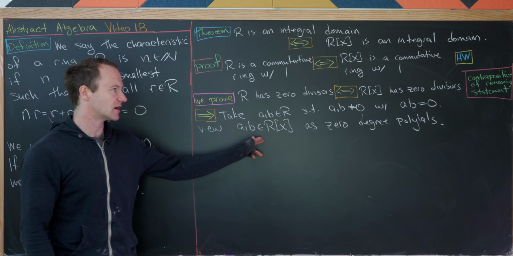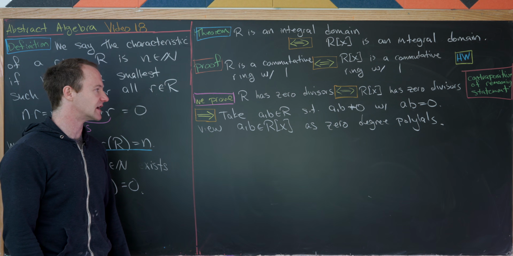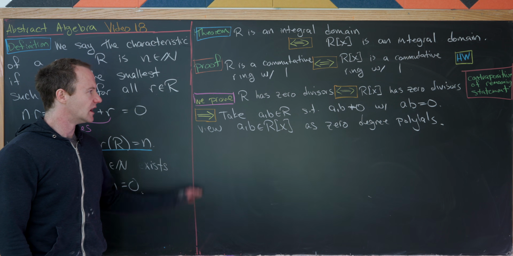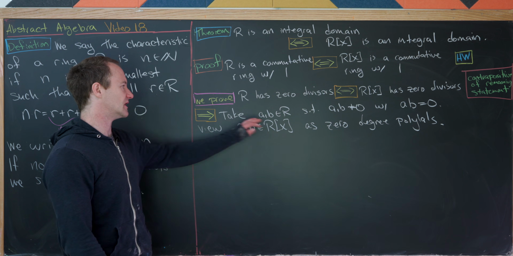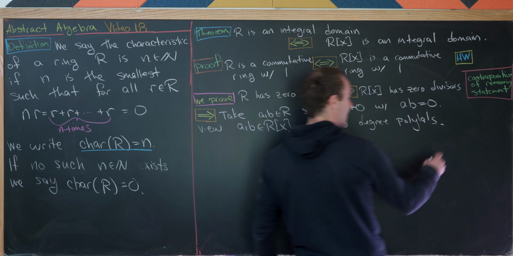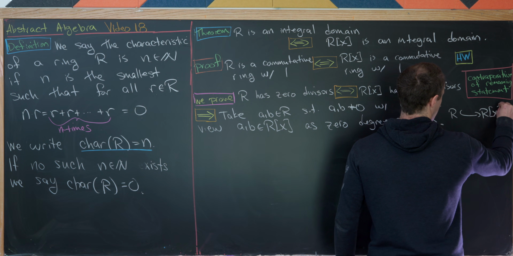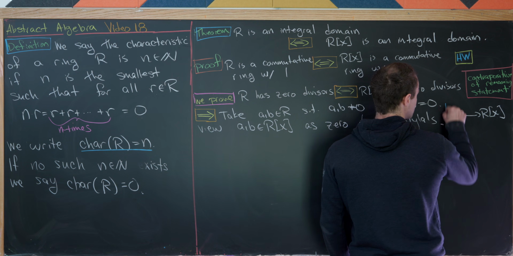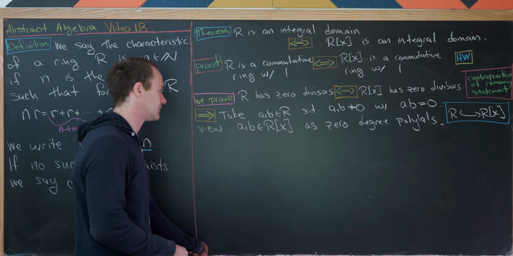But if they're inside R adjoin X and they multiply to 0, then we're done. We have zero divisors inside of R adjoin X. And this is maybe an important observation that we've got an inclusion of the parent ring inside of the polynomial ring R adjoin X. So that inclusion is fairly useful and comes in handy every once in a while.